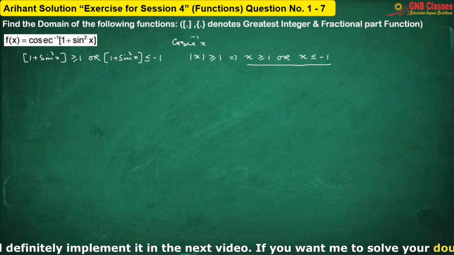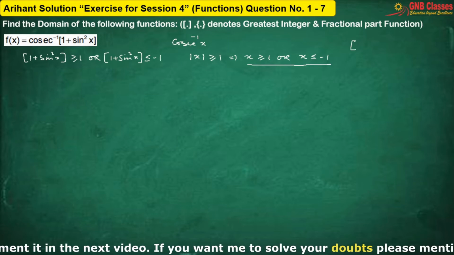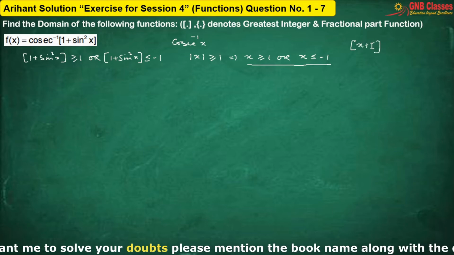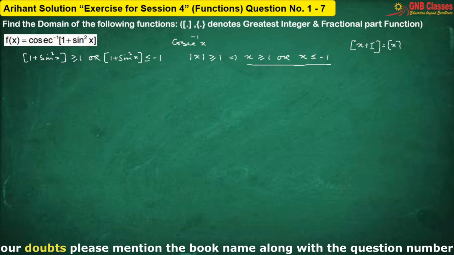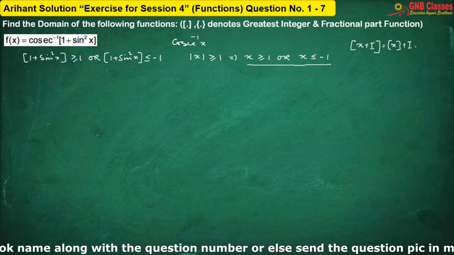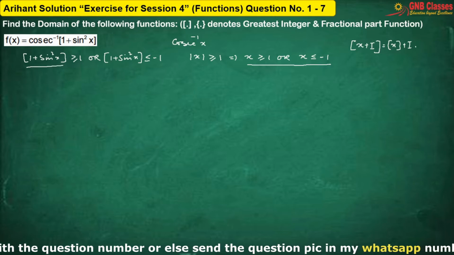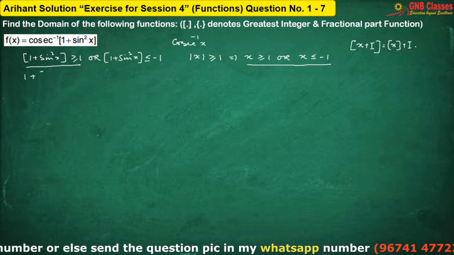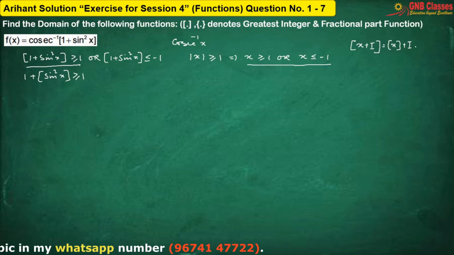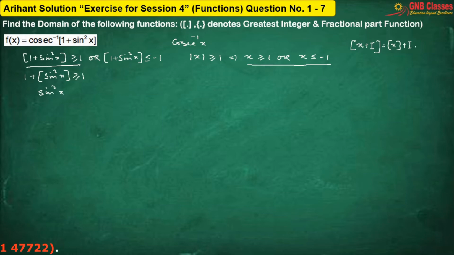Now, we all know that the greatest integer function of x plus any integer can be written as box of x plus the integer. So, from the first one, we can say, is it clear? Absolutely. Now, observe that sine square x can take three kinds of value.